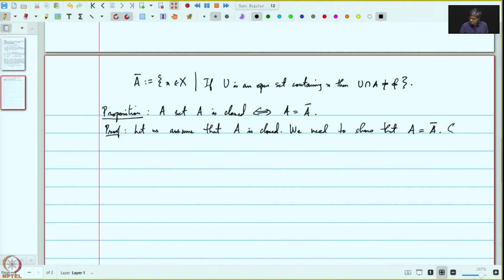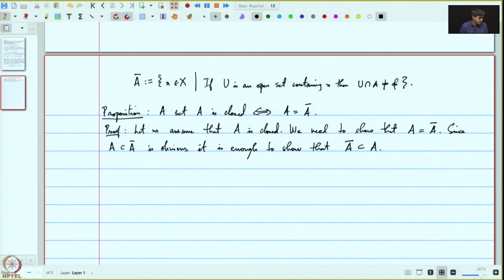Okay. So since A is contained in A closure, we already know this is obvious. We had observed this in the remark which followed the definition. It is enough to show that A closure is contained in A.